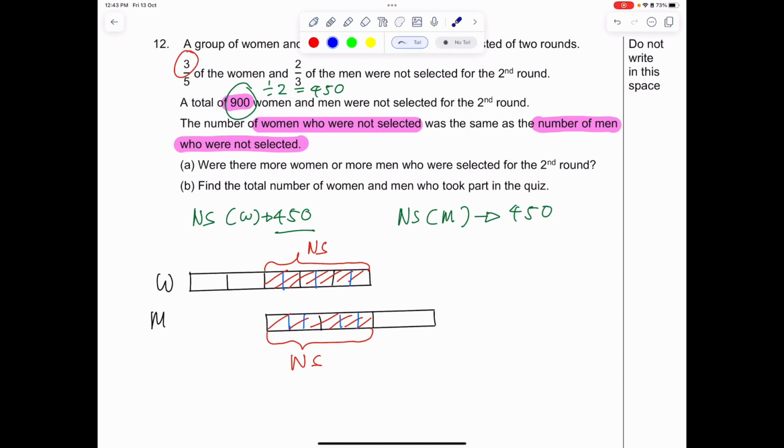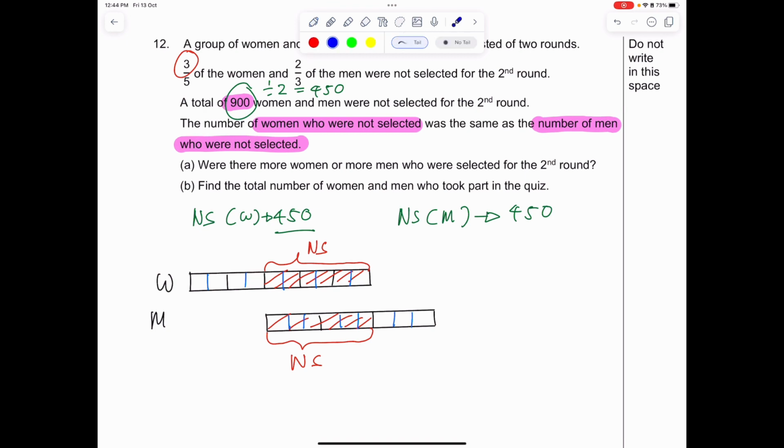So now count with me. 1, 2, 3, 4, 5, 6. 1, 2, 3, 4, 5, 6. Right? And then I go ahead and continue cutting the same way. So every 1 unit of the woman, I'll cut into 2 parts. Every 1 unit of the man, I will cut into 3 parts.